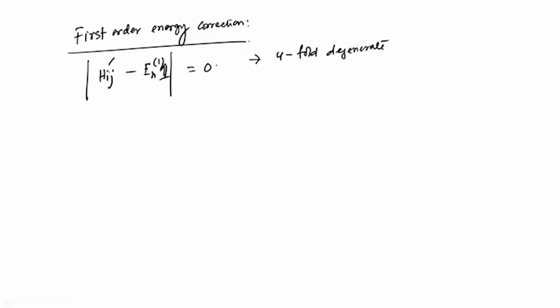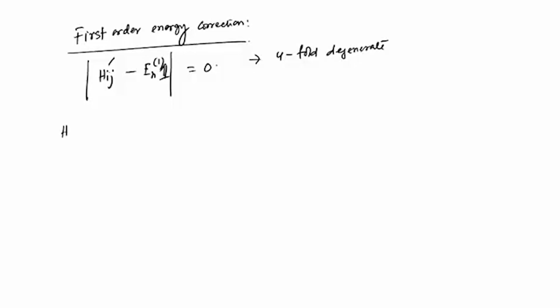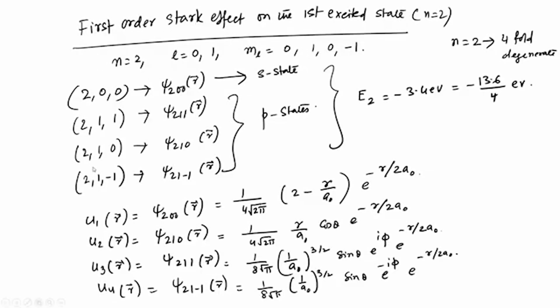but you may be lucky enough not to have a 4 by 4 problem to be solved in its entirety. What could happen is that some of the elements would be 0 in such a fashion that you have a block of 2 by 2. If that happens, then of course, that is the best thing that you are looking for. So, if you look for this H11 prime, that is the matrix element of the perturbation term between these u1 terms. Now, you see that the u1 term does not have any theta.